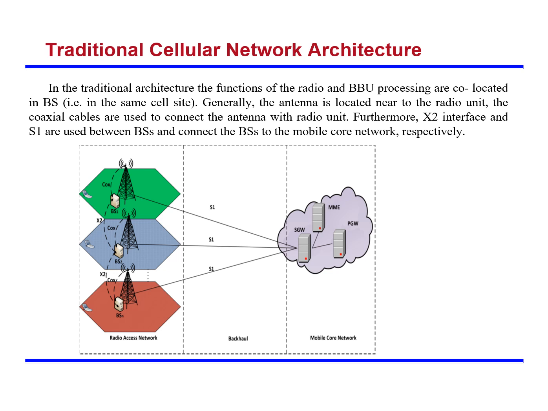Further, X2 interface and S1 are used between BSs and to connect the BSs to the mobile core network respectively. The same can be visualized from the figure given below, where we can see the X2 interface, the S1 interface, and the connectivity between mobile core network, backhaul, and the radio access network.